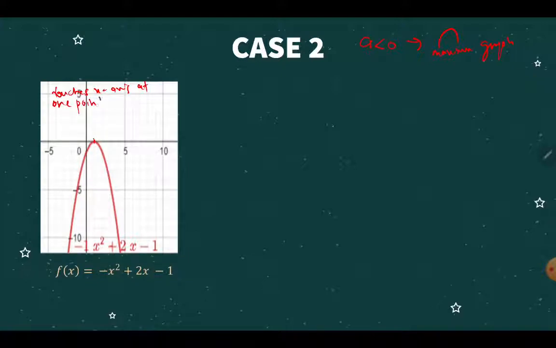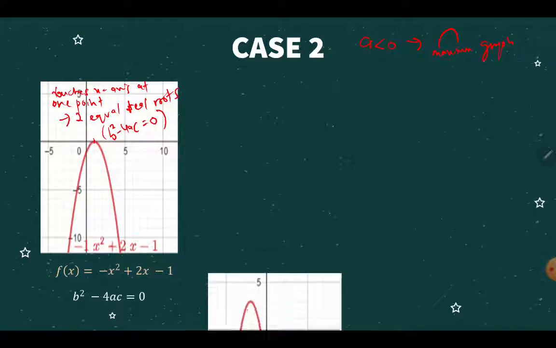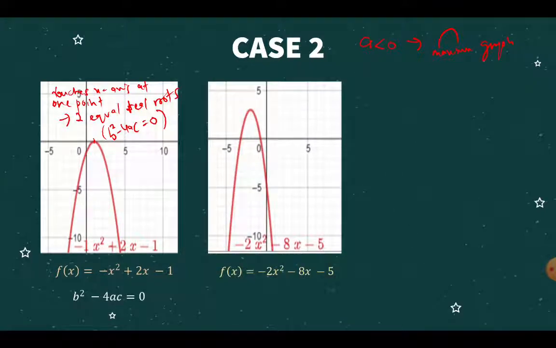So when we see this kind of graph, we know that it has two equal real roots. So we relate it with discriminant equals to 0.